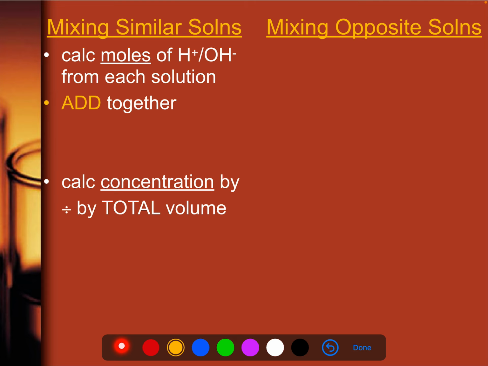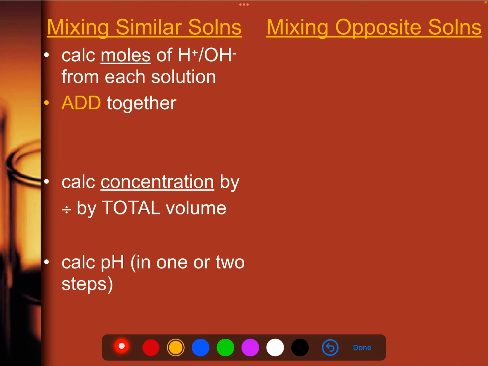This is similar to something that we did in solution stoichiometry, but we're adding our moles of acid to moles of acid and then dividing by the total volume. That would also work if we had two bases.